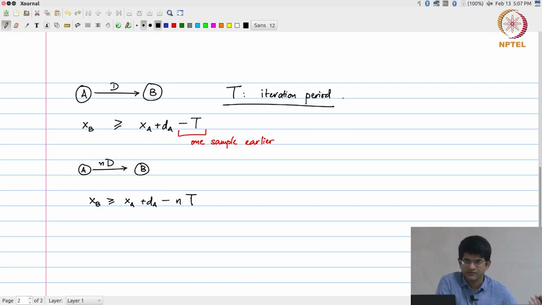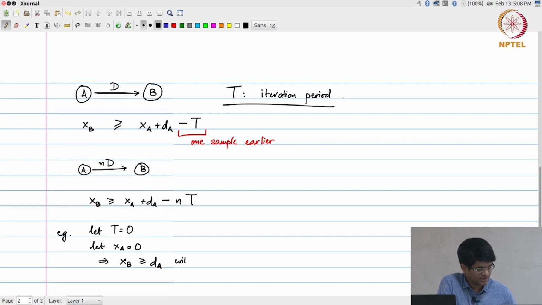And yes, if I set t equal to 0, I can just pick any value that I want for xa. For simplicity, just choose xa equal to 0, right. Let t equal to 0, let xa equal to 0, any value of xb greater than or equal to dA will satisfy this constraint.